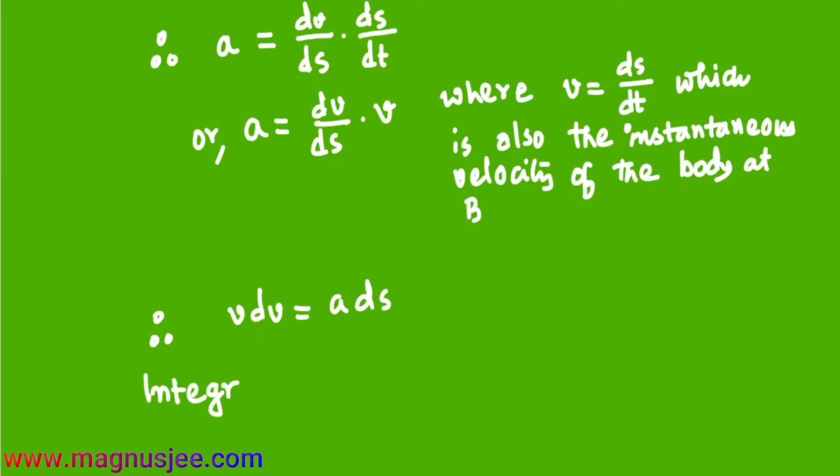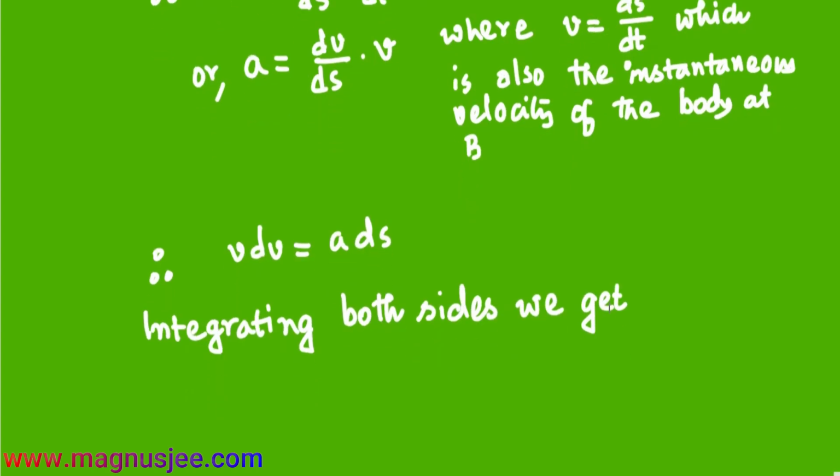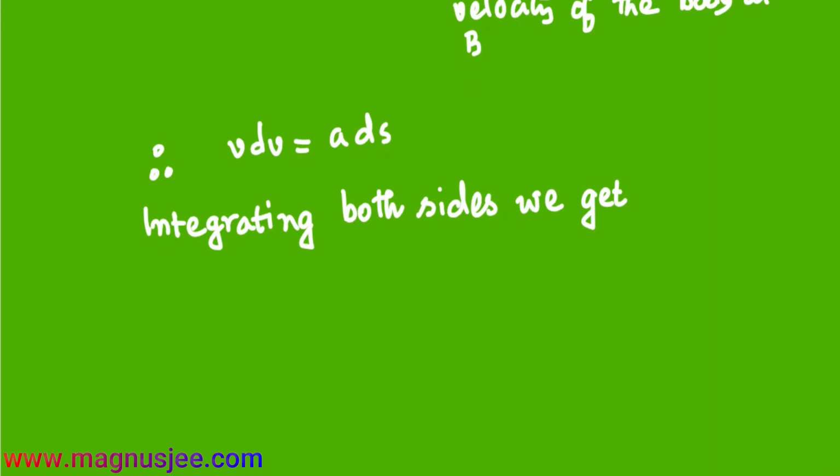Integrating both sides, we get integration v dv equal to integration a ds. Integration of v dv from u to v, and integration of a ds from 0 to s.